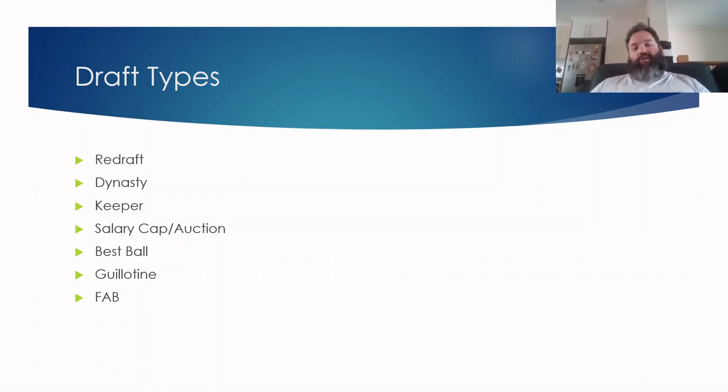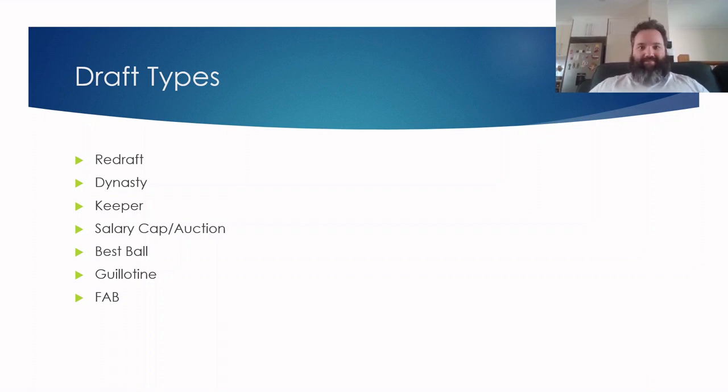The last type of draft that I was going to talk about is a guillotine league, and this is a really intriguing one for me. I haven't tried it yet. Maybe if we can get some interest in this sort of league, we might even be able to put one together somehow. But essentially, how it works is there's 18 weeks in the season, so you start off with 18 players, and essentially every week, whoever scores the lowest, their team gets cut.